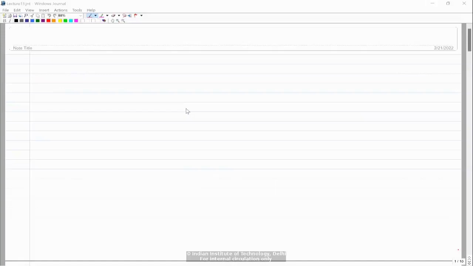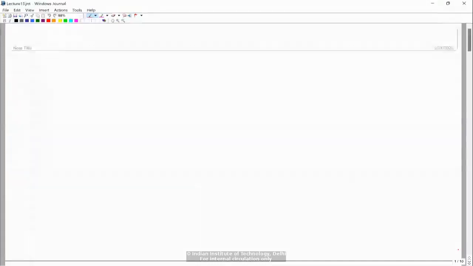So, okay, then let me start. Last class I was actually discussing the frame element. The transformation for that is what was left.